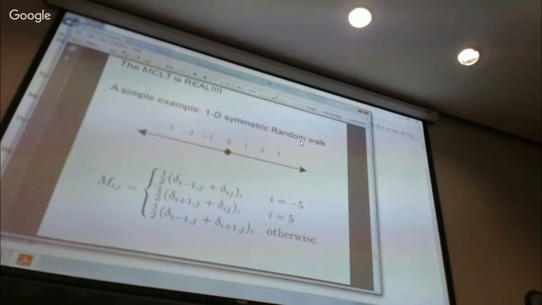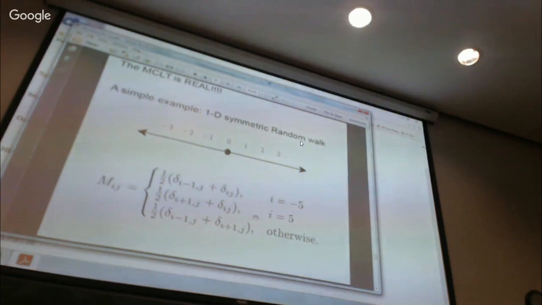The Markov chain is you just hop either left or right with equal probability. If you're at one of the endpoints, then you either hop away from the endpoint or you stay where you are with equal probability. This last step is needed to ensure aperiodicity and therefore ergodicity of the Markov chain.